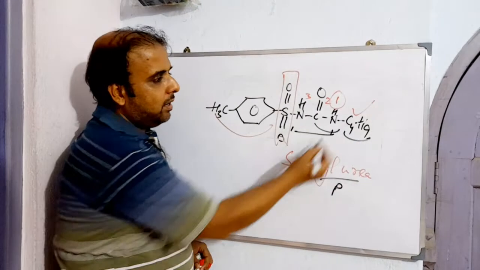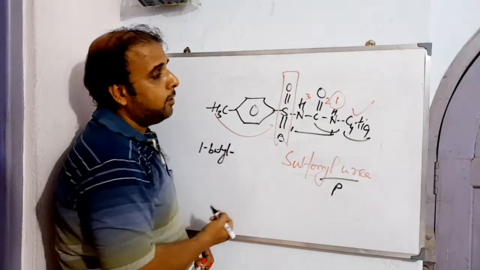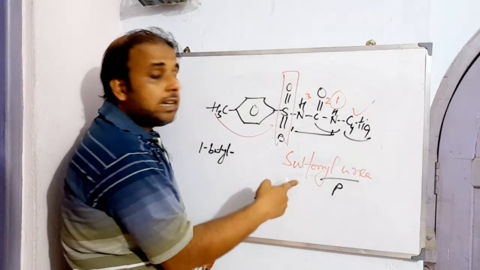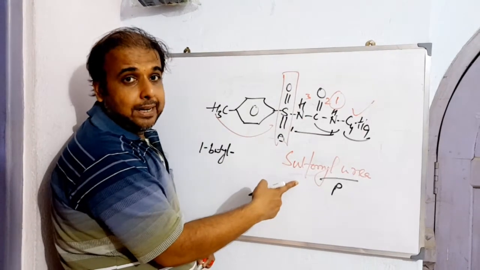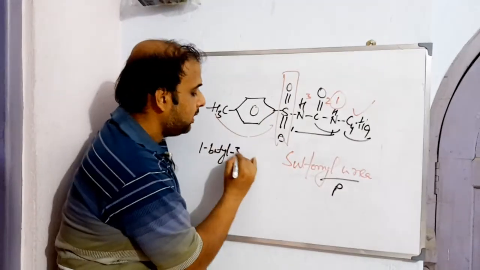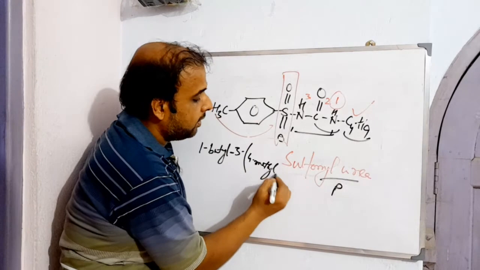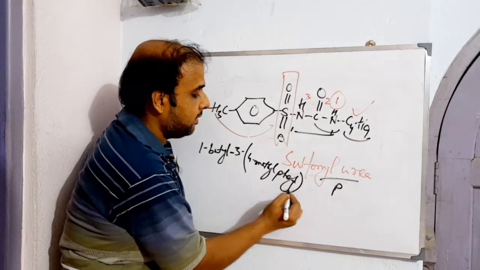Position 1, so we'll write 1-butyl. Then followed by 3. What is 3 holding? The sulfonyl as the primary substituent, and the secondary one is the 4-methylphenyl. Close the bracket.